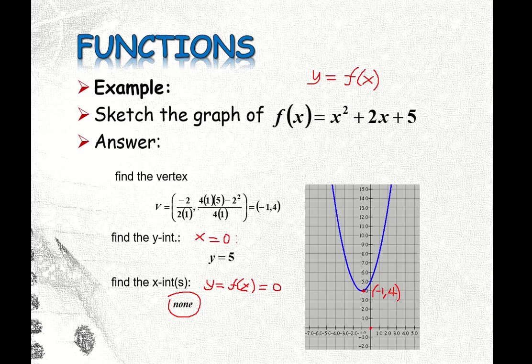Now we have here one point. When we solve for the y-intercept, when x equals 0, y is 5. So x is 0, then you go up 5 steps, 1, 2, 3, 4, 5. So we have this point, x is 0, then y is 5.